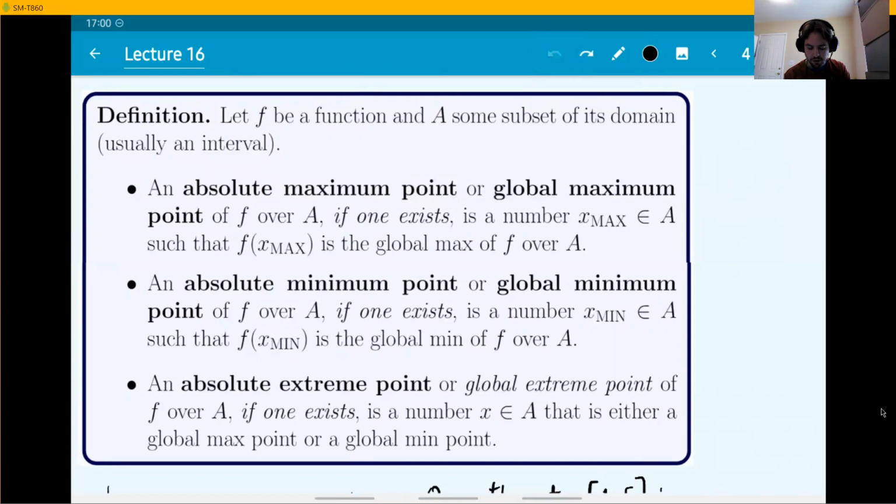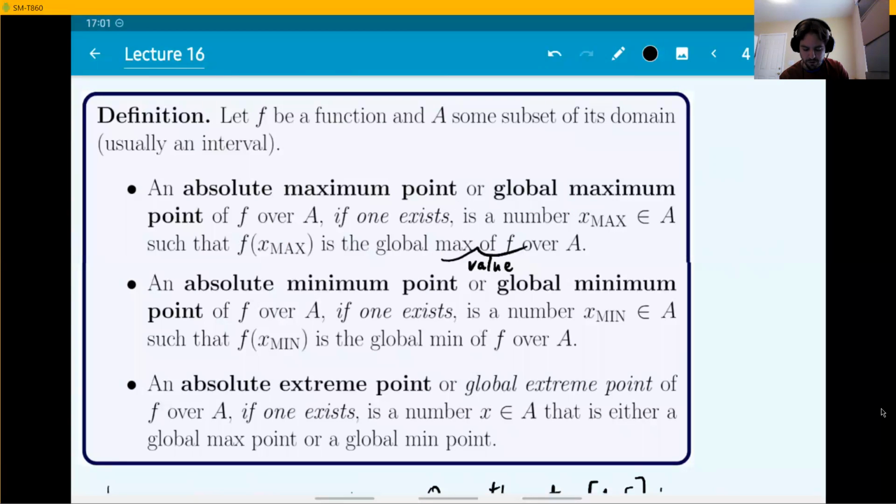What is a global maximum point of f over a? If one exists, it is a number such that f of that number is the global max over that set. So it just means the x coordinate of the global max value. I should probably have included the word value here for clarity.